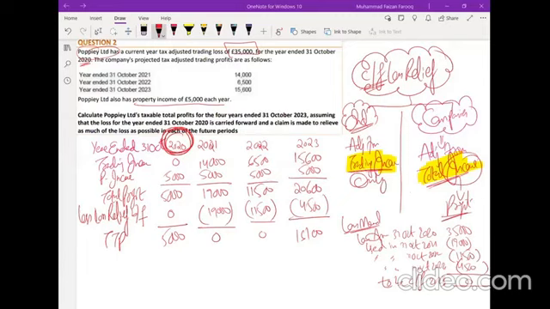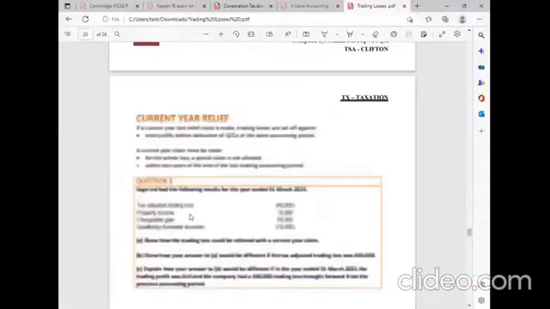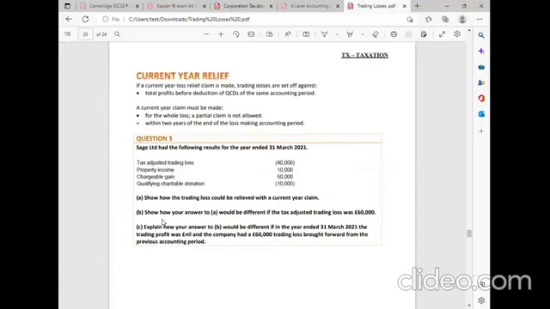After doing this carry forward relief, the second relief available for companies is the current year loss relief. Current year loss relief means you can claim the loss from the current year, that is, in the year of loss. As a shortcut, please remember that companies' losses can only be adjusted from total profits.